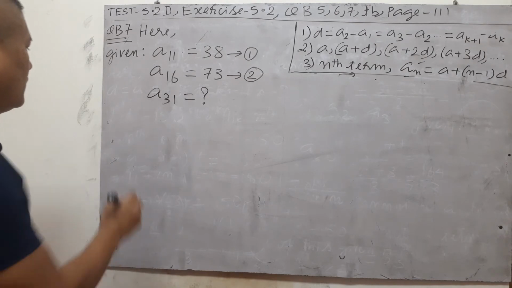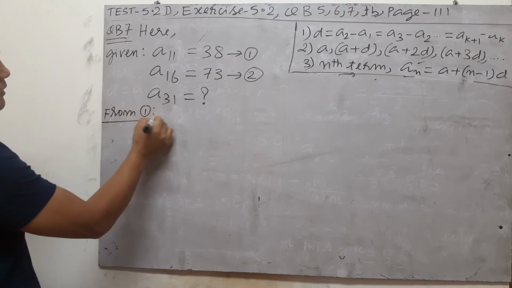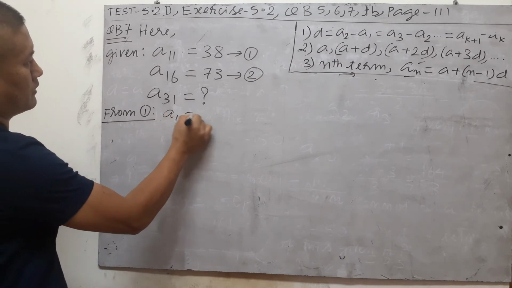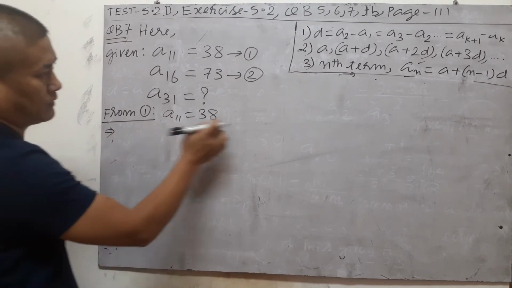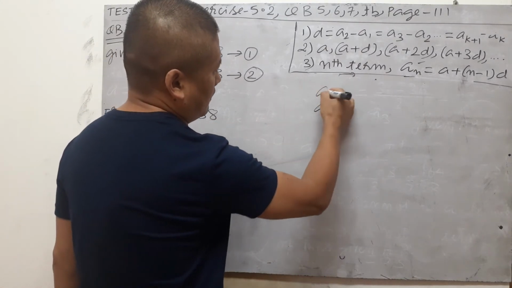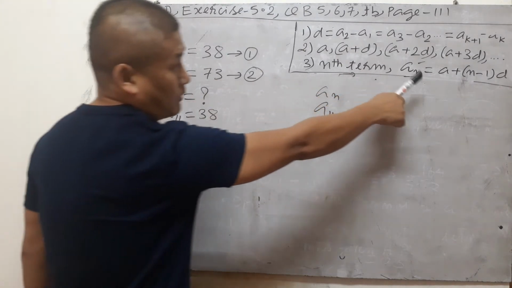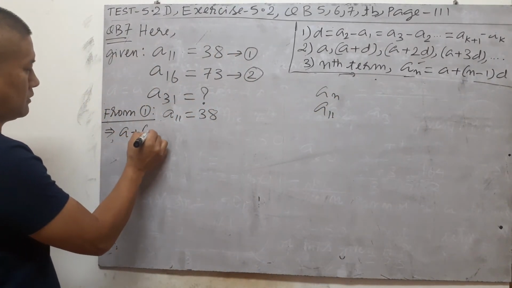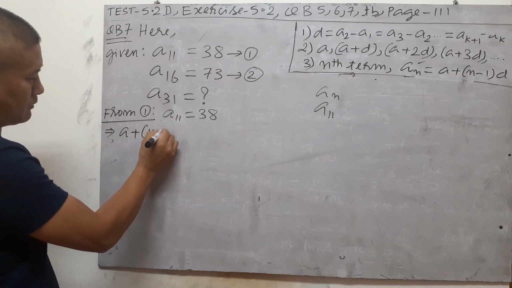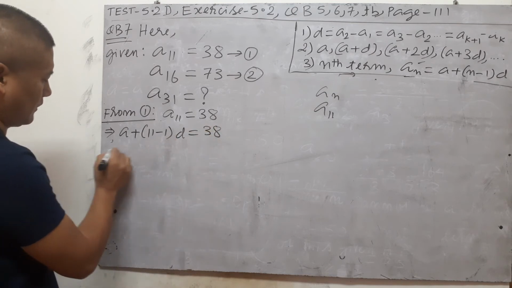Okay, so from equation number 1, A11 is 38. So let us solve this. A11, AN, so n is 11, equal to A plus n minus 1 into D. So A plus, the specific n here is 11, 11 minus 1 into D equal to 38.